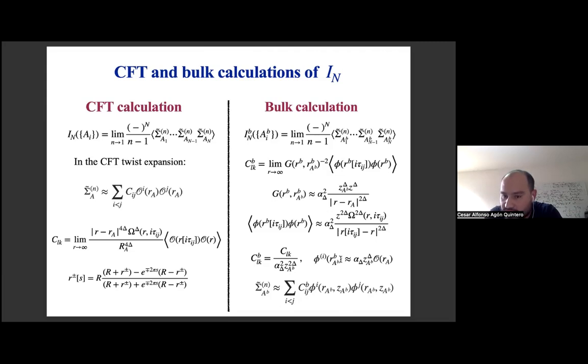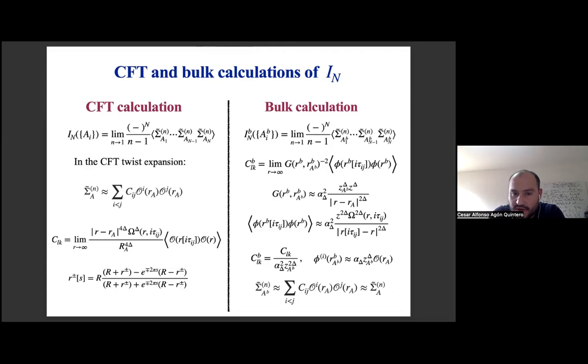Since this is the purpose of this approximation, in this correlator we can use the bulk extrapolate dictionary to relate the bulk field operators to boundary CFT operators. Using this fact, we end up concluding that the twist operator of the bulk region actually agrees at long distances with the twist operator of the boundary CFT.